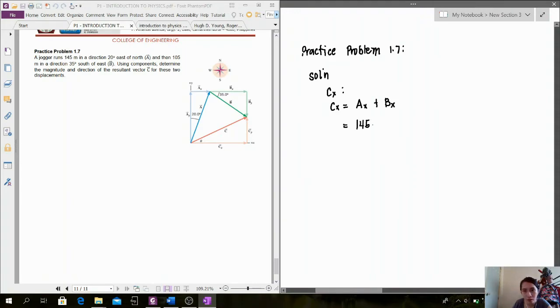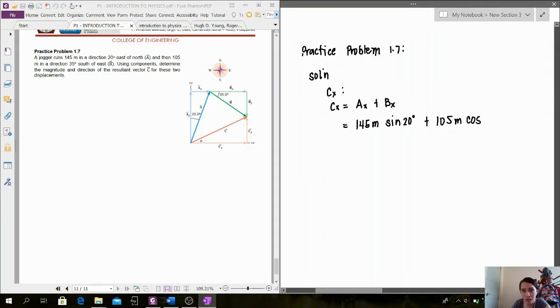145 meters times, since that is opposite the 20 degree angle, we'll use the sine function. Sine 20 degrees plus, for the x component of vector B, we have 105 meters times, since the x component of vector B is adjacent to the 35 degree angle, we'll use the cosine function.